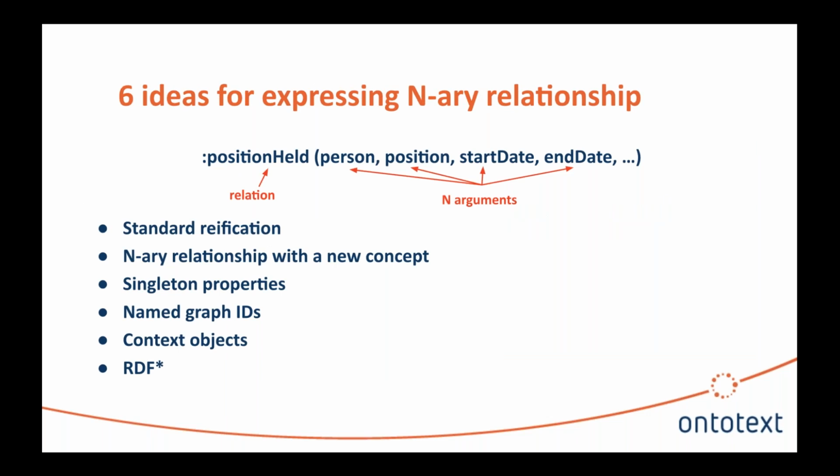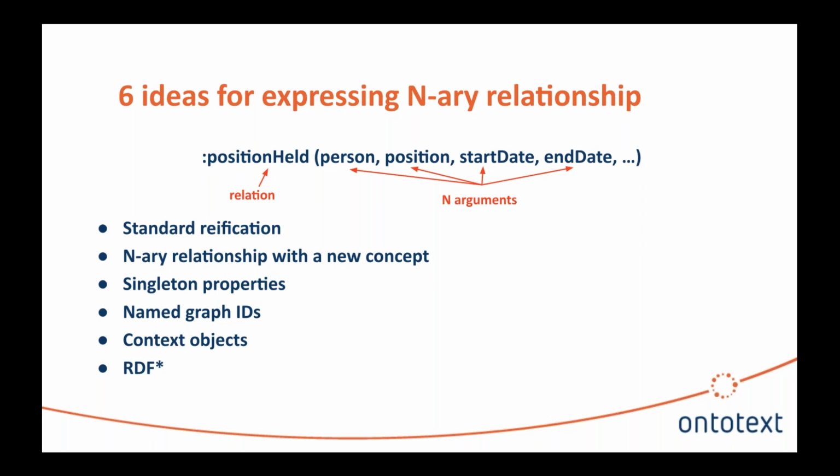From a knowledge perspective, we call this an n-ary relationship. In this presentation we are going to give you an overview of six ideas for how we are doing this, for various reasons. And obviously, we are going to introduce RDF-star, which is really the ability to assign metadata on the statement level, like this is possible in the property graph model, and explain how this works.